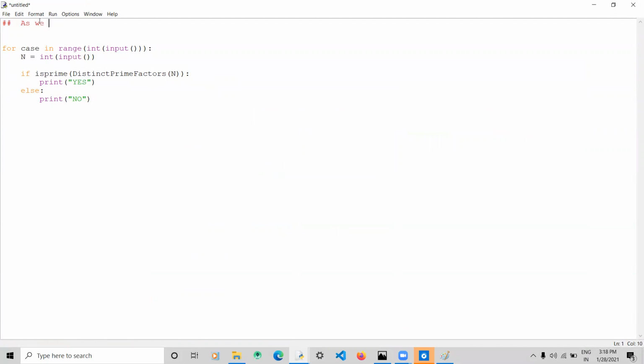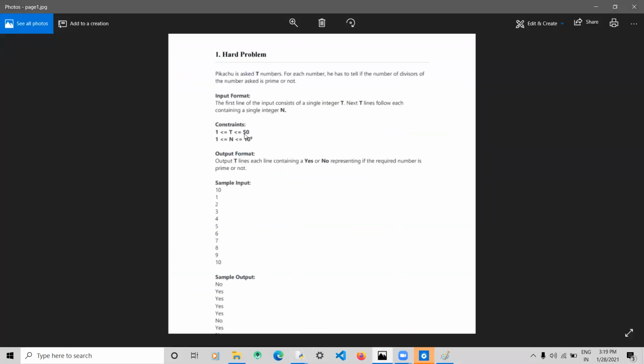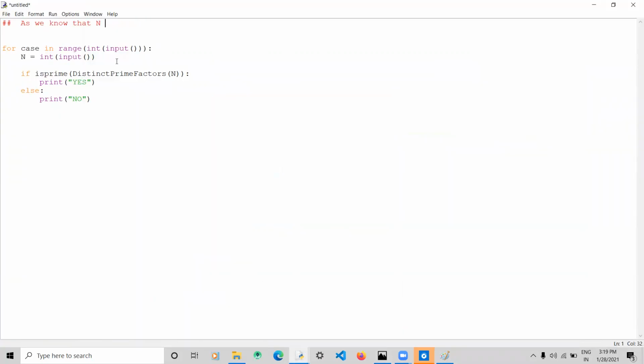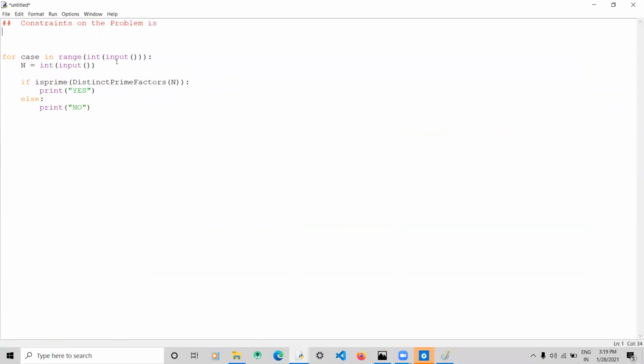As we know, t is around 50 and n is around 10^9. So those are the constraints on the problem.